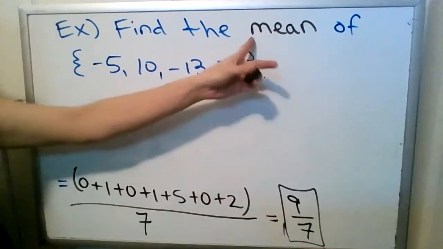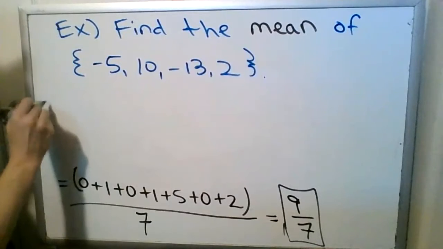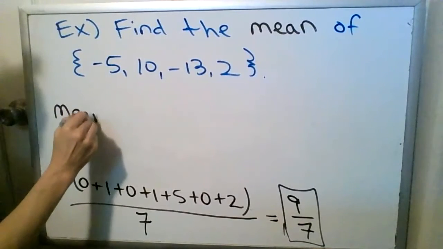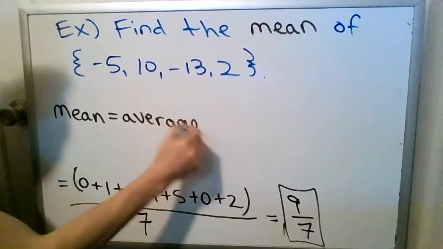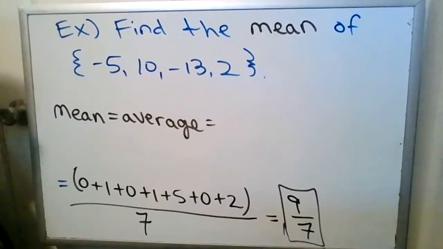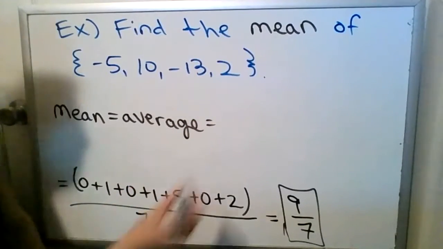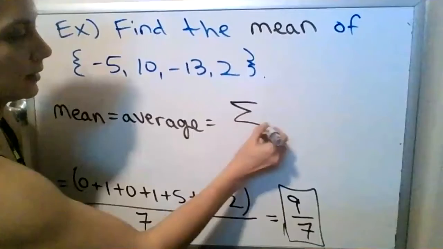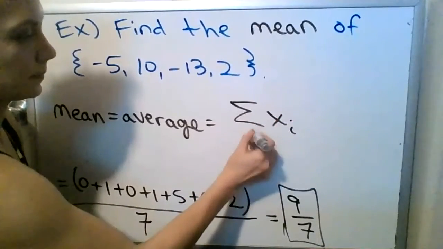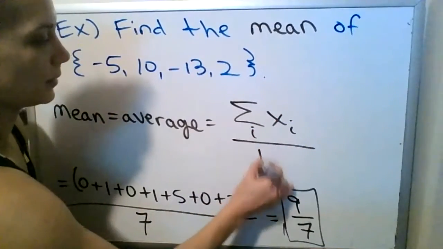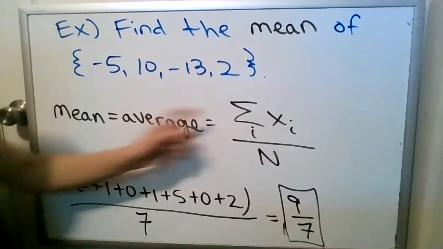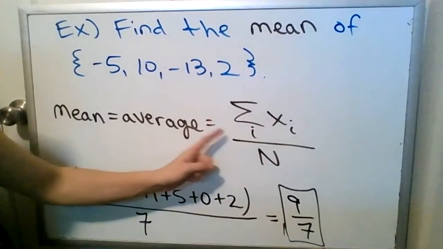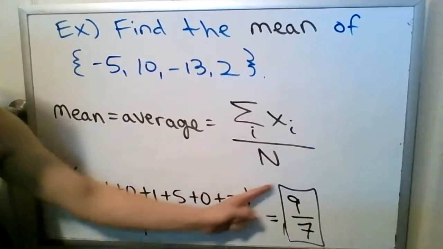Okay, so mean is just another word for average. We're going to sum x of I for all I, and divide that by capital N, which looks kind of intimidating, but again, add all of your data values, divide by the total number of elements in the set.